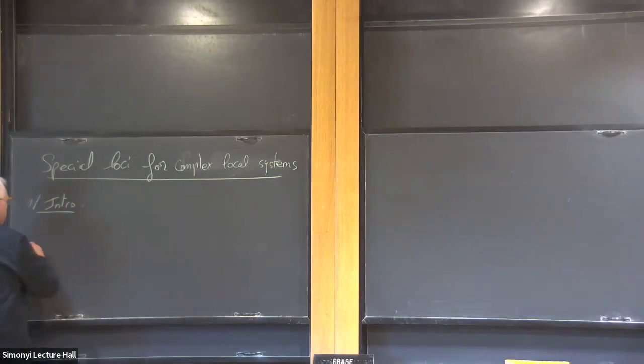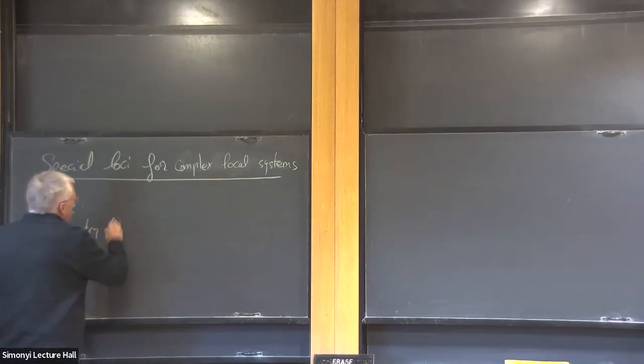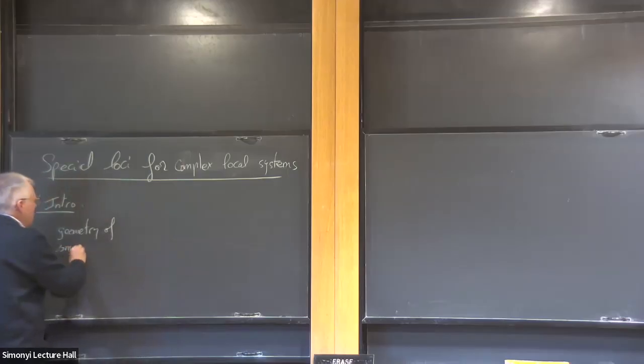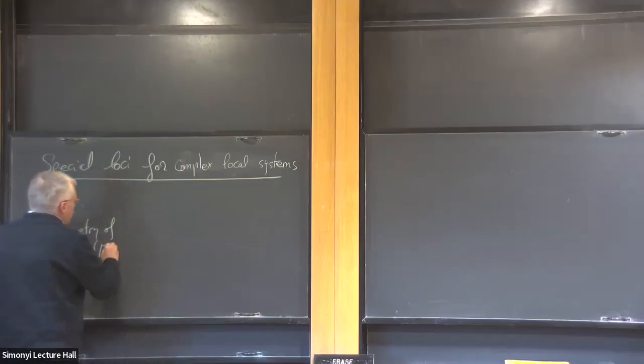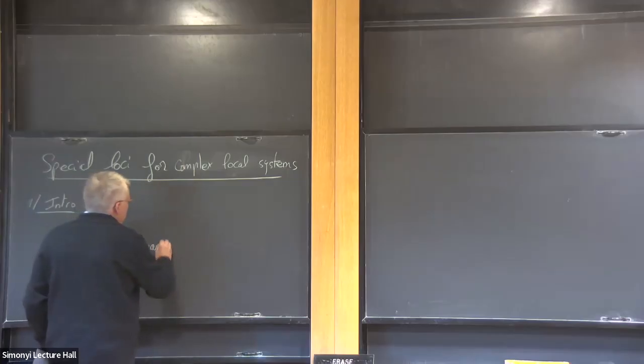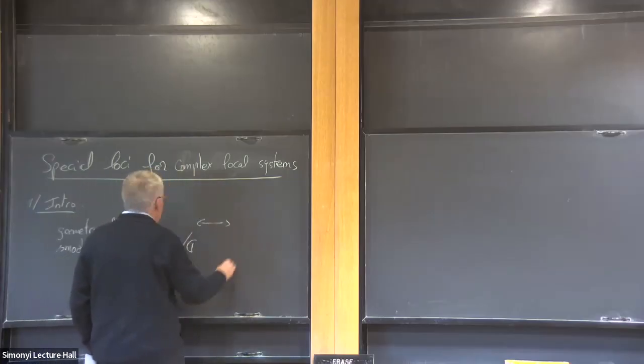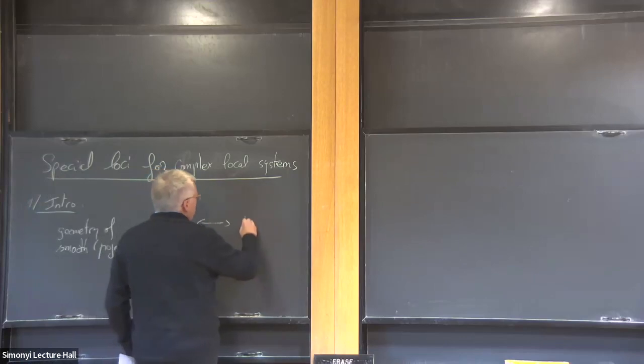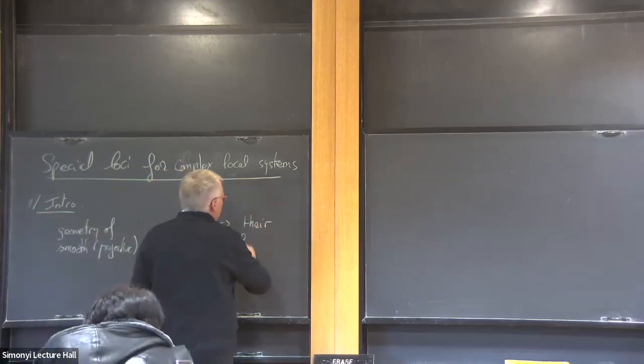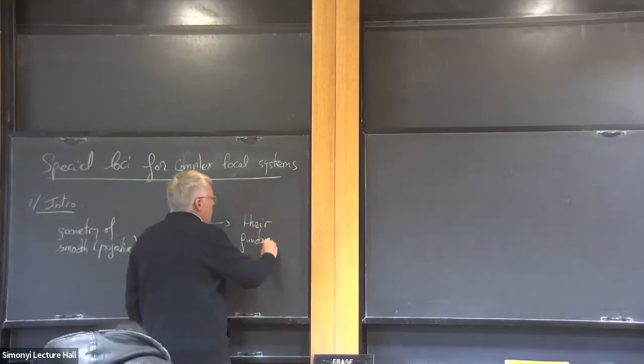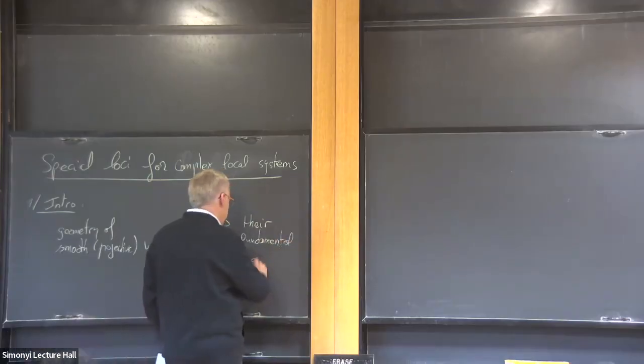So the general theme is the relation between the geometry of smooth and maybe projective, in some cases, varieties over C, and the fundamental group.